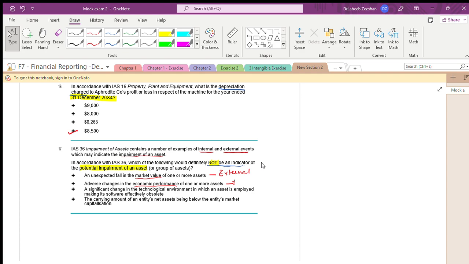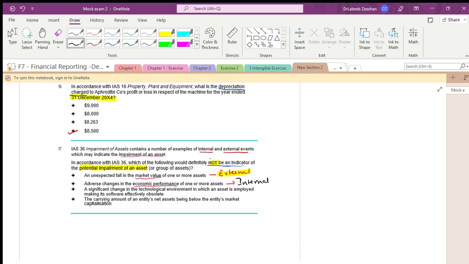External means the moment you take your product to the market, the market will give you a different value. If the market is giving you a different value, it means it is external. You are using your car and your performance of the car is decreasing. If the performance of the car is decreasing, it means it is internal.